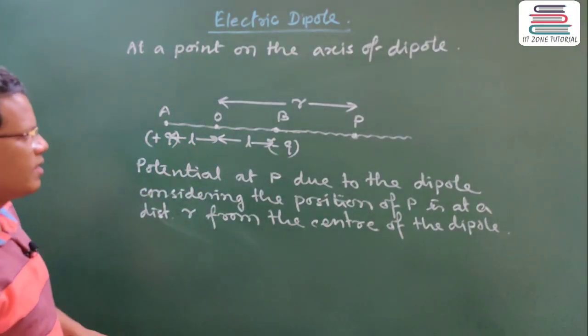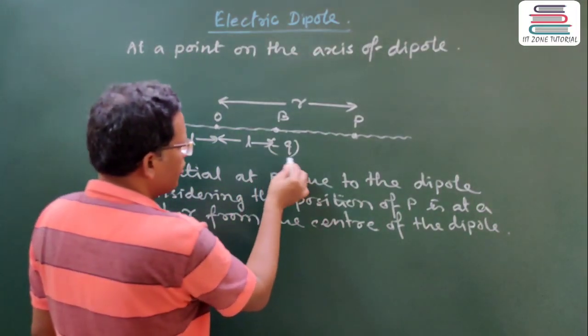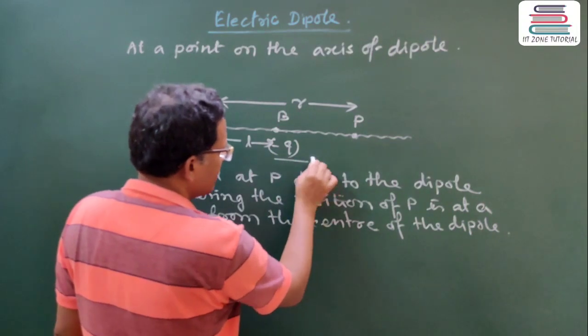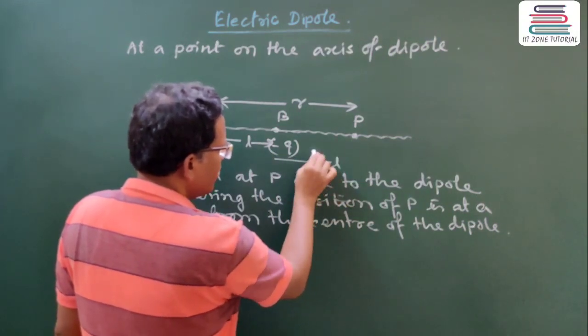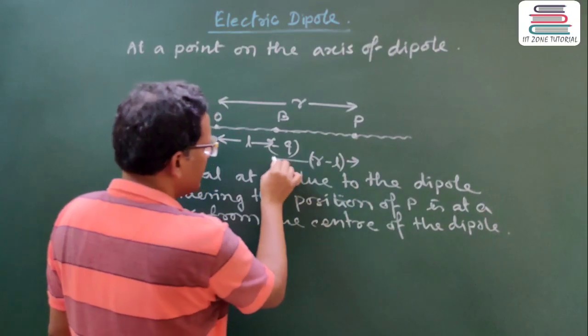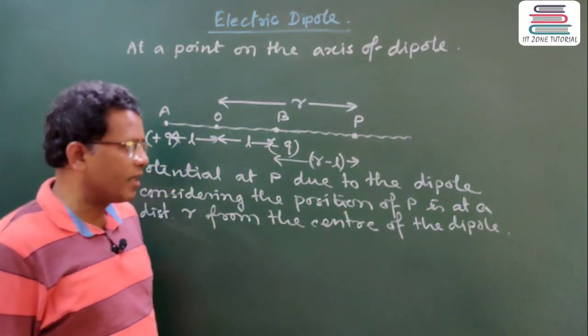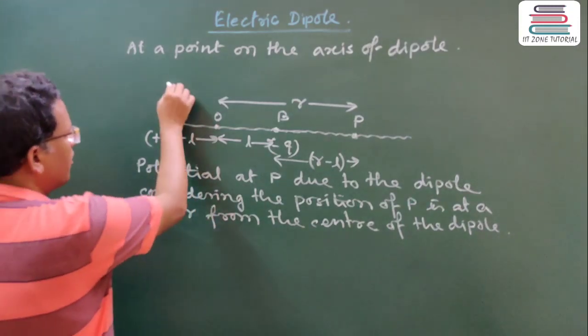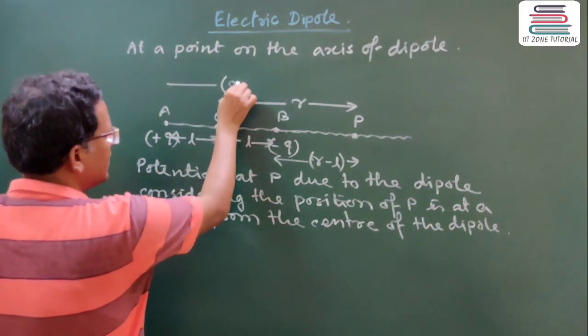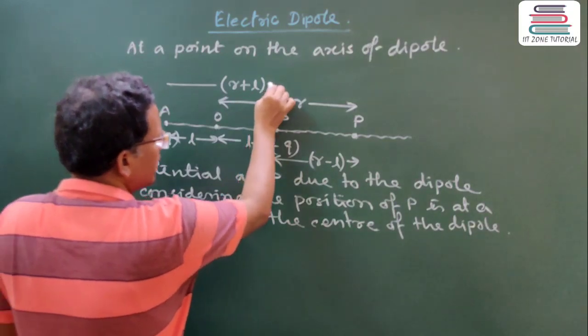That means we now know the respective distances from the individual point charges as well. From minus q it is at a distance r minus L, whereas from the plus charge it is at a distance r plus L.